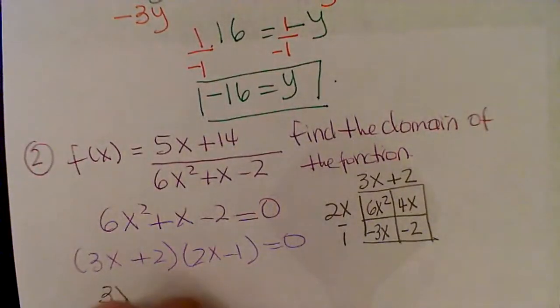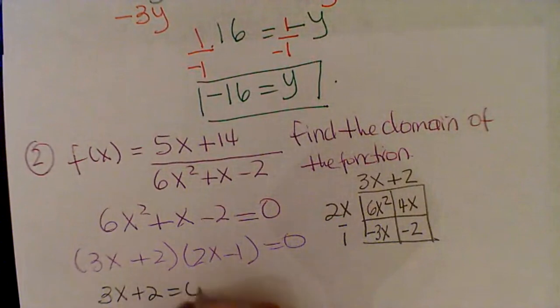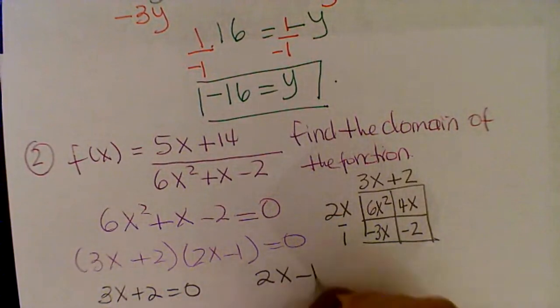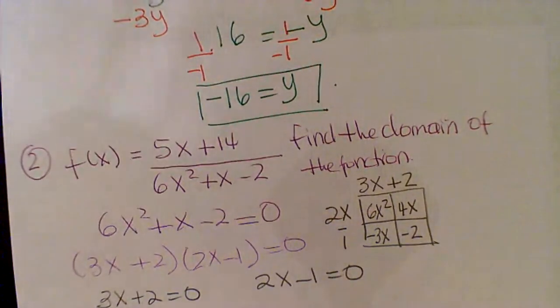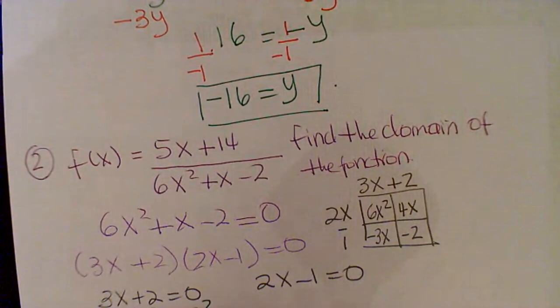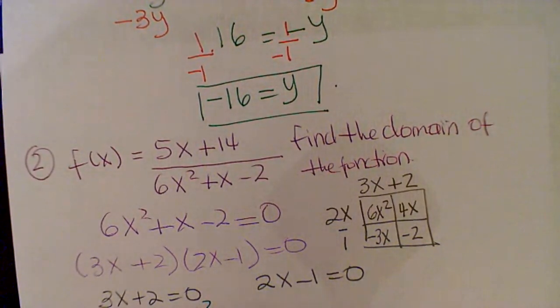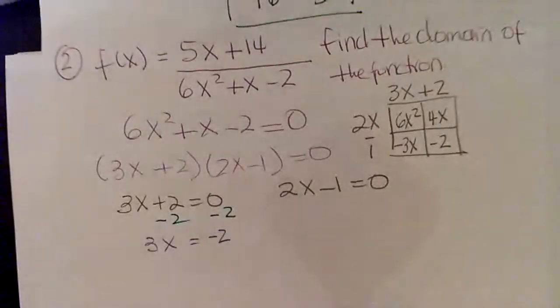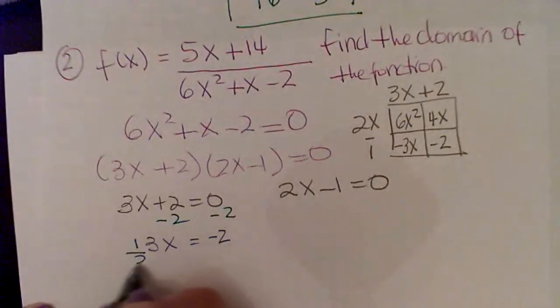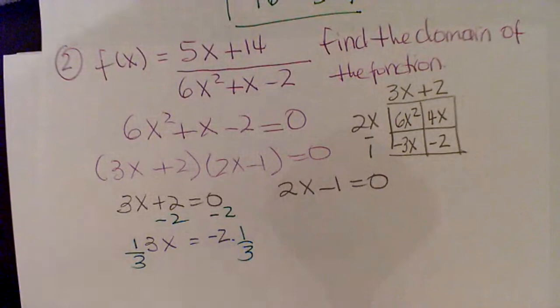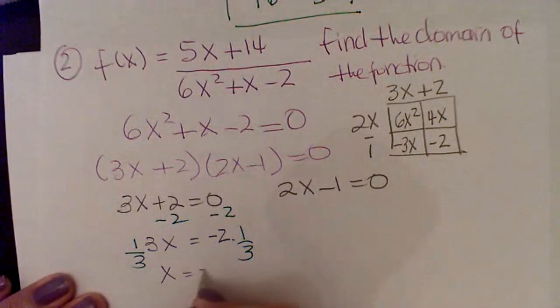So I have 3x plus 2 equals 0 and 2x minus 1 equals 0. Make a 0 here, and I have 3x equals negative 2. And what do I do now? Reciprocal. X is equal to negative 2 over 3.